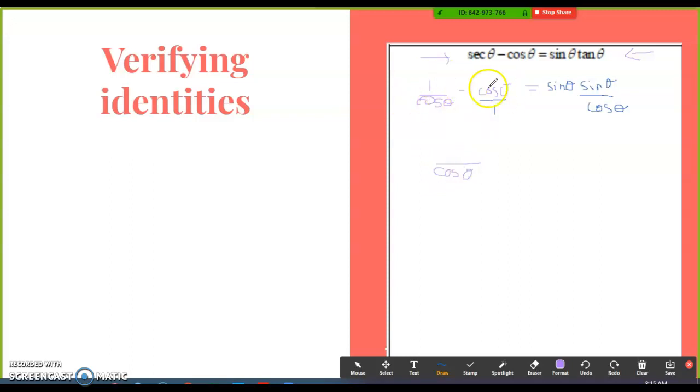And that means that I need to multiply this fraction here by the cosine of theta, both top and bottom. And that's going to give me one big expression. My denominator, cosine of theta. And in the numerator, I'll have 1 minus cosine of theta times cosine of theta, which is cosine squared theta.